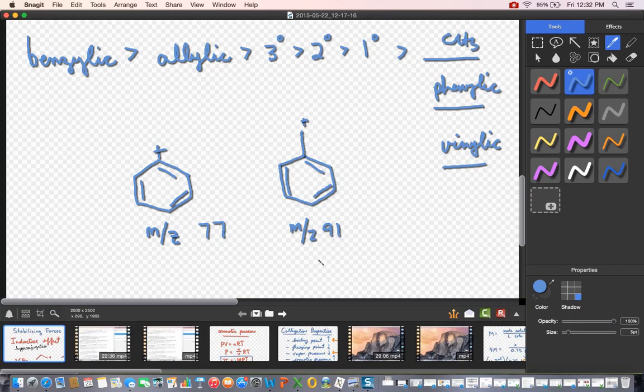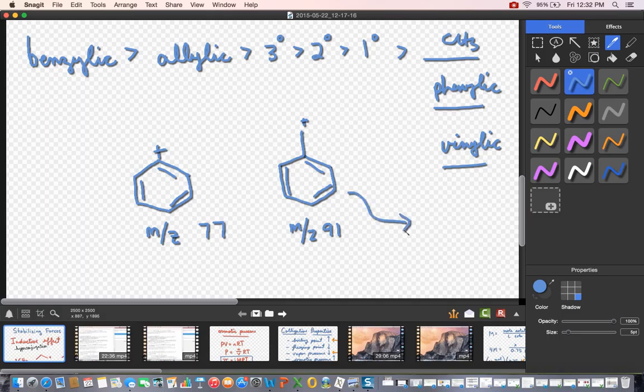So if I have a benzylic bromide, the base peak that dominates the mass spec is 91, not 77. But if I have bromobenzene, it's 77 that dominates and not 91.